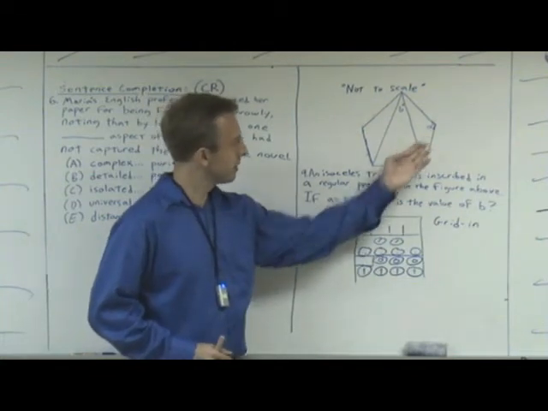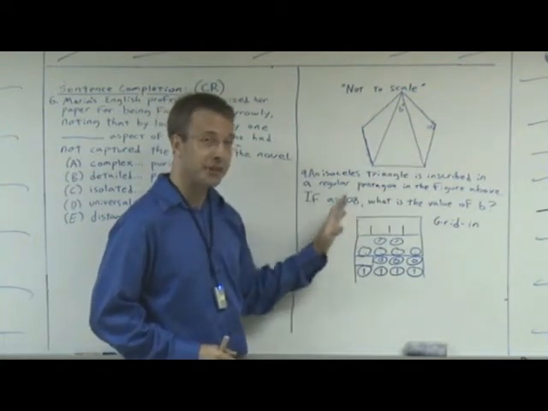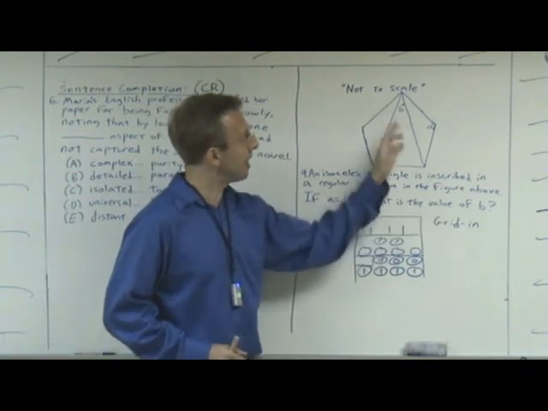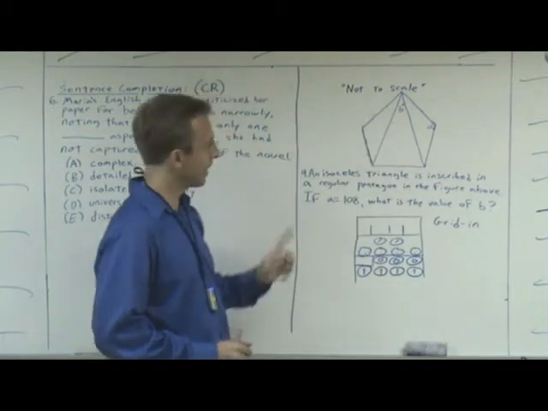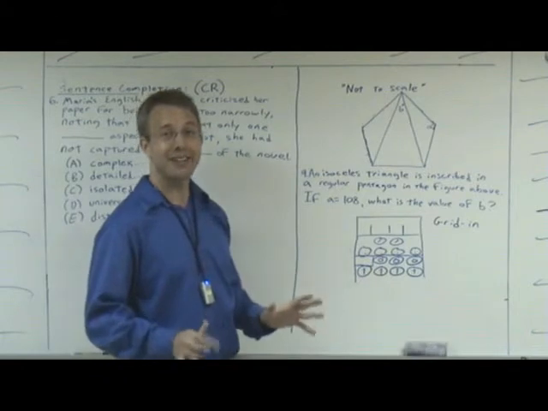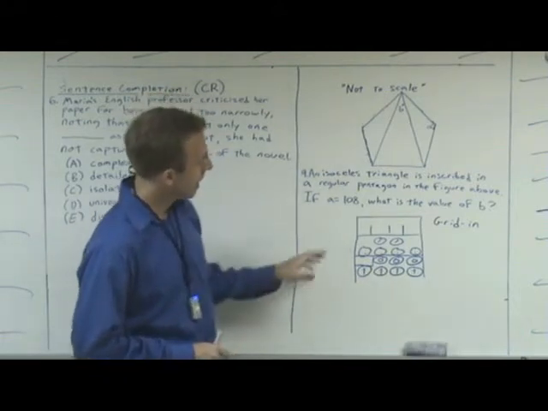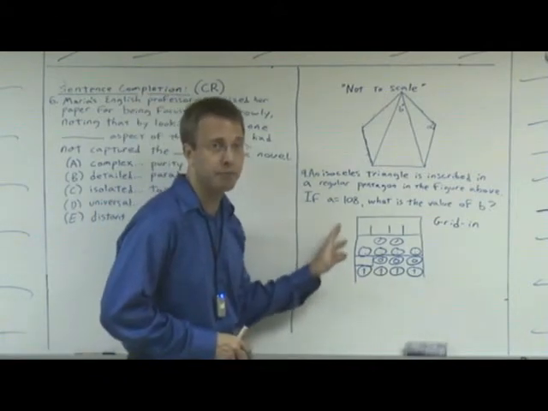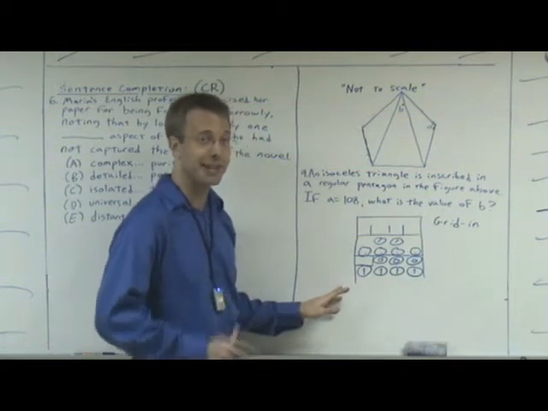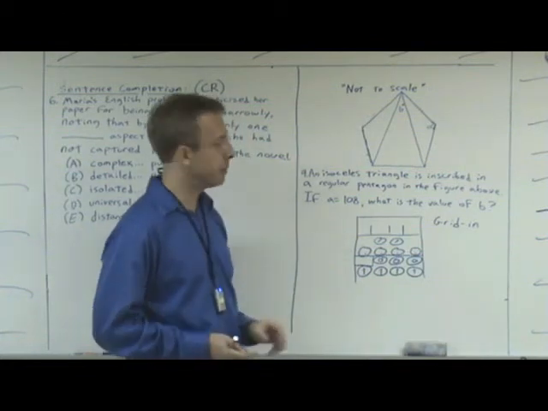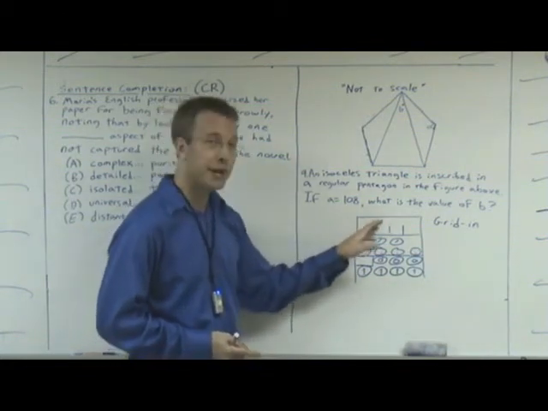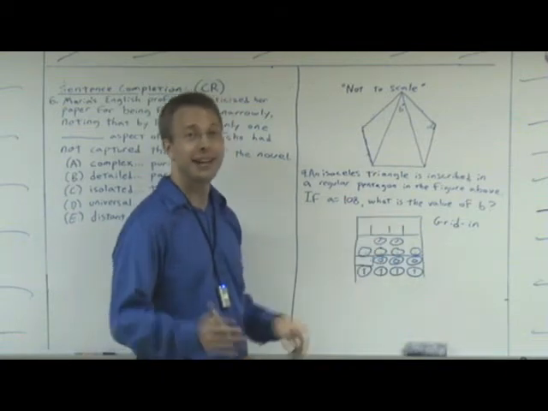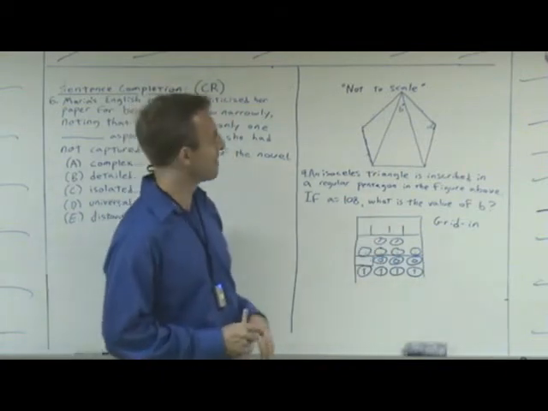If A equals 108 degrees, what is the value of B? Now let's look at how you'd actually work out this problem. Note that you don't have any multiple choice answers in this case. Some of you might be familiar with grid-ins where you actually have to write in the answer, and I'll go over how to do that later.